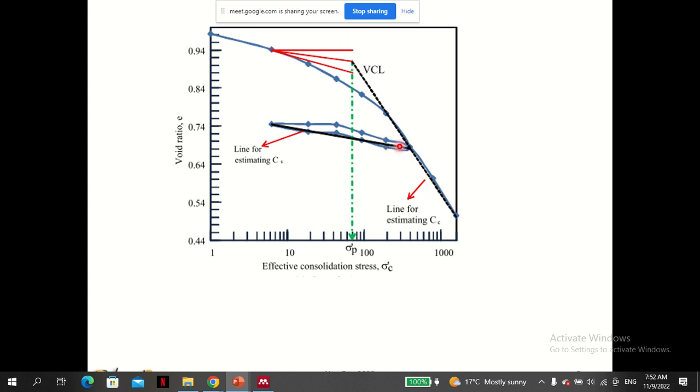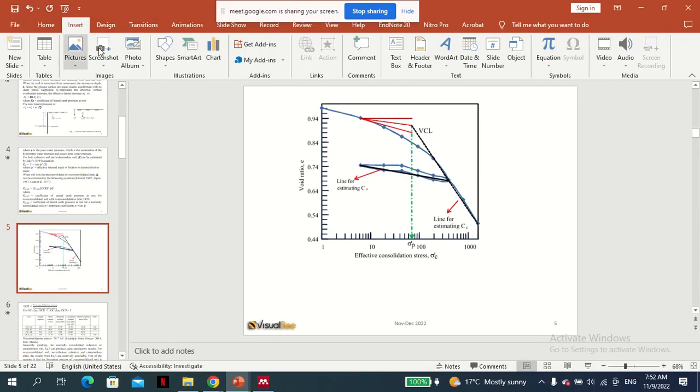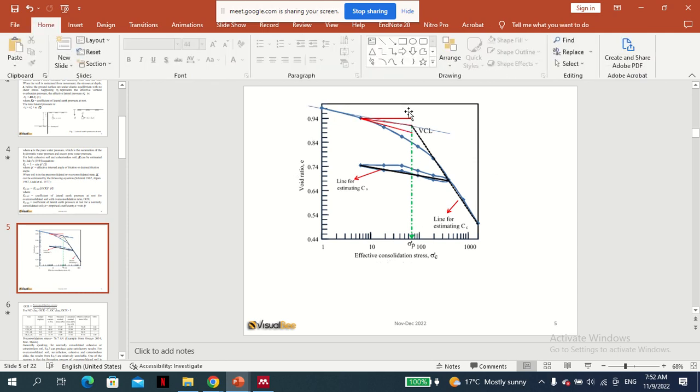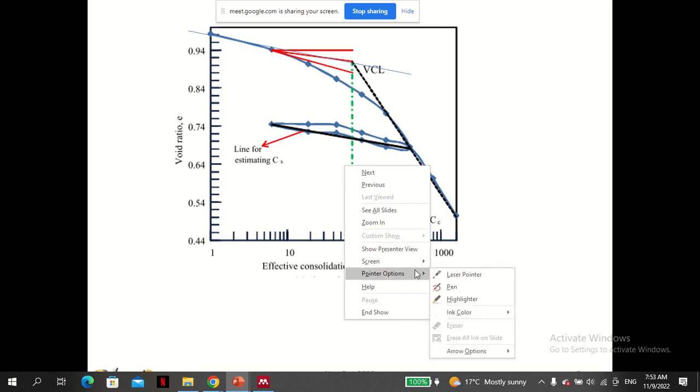Usually the easiest way to get the pre-consolidation stress is to draw lines, the black one and the line here, and you can see those two lines meet here. That's the first thing to do. However, this is a debate actually. There's no agreement on what exactly to do.